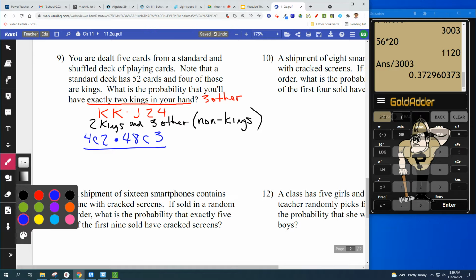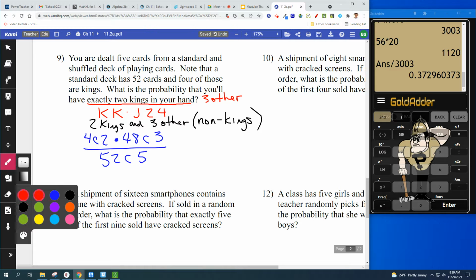Now your bottom is the total. So how many total cards do we want? 5 out of how many total cards are there? Okay. So try that real quick. Okay, I see. 4 choose 2.